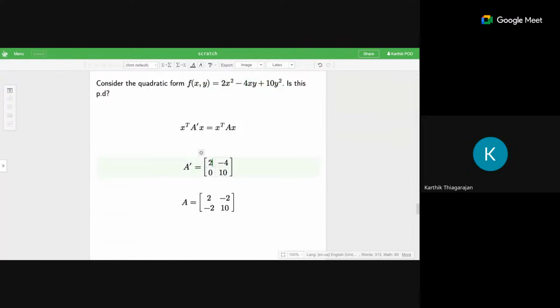But the point is I want the diagonals to be positive, so the eigenvalues, I want them to be positive. Then I will always get a positive determinant, right? Because eigenvalues are positive. So this is slightly trickier than what I thought.